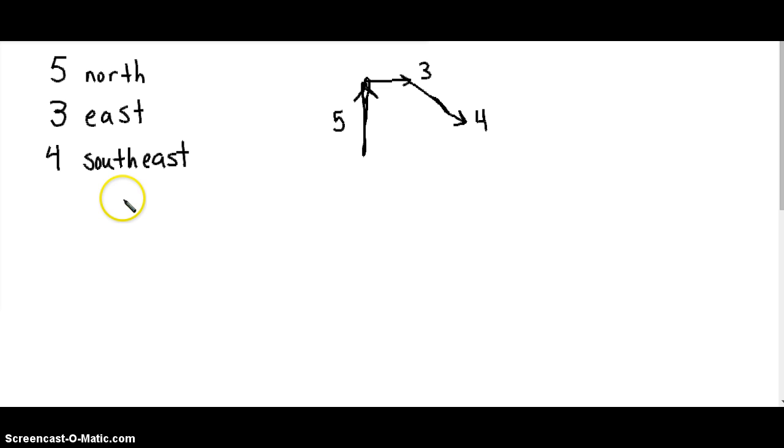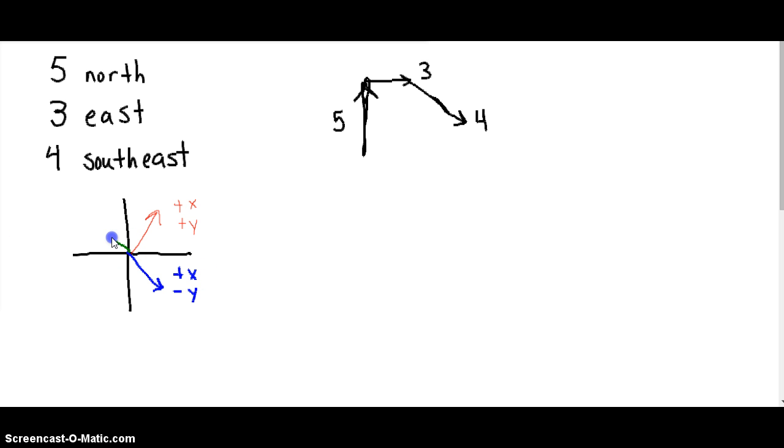Just a quick review here. If we have a vector pointing up and to the right, that vector is going to have a positive x and a positive y component. If it's pointing down and to the right, it's going to have a positive x component but a negative y component.